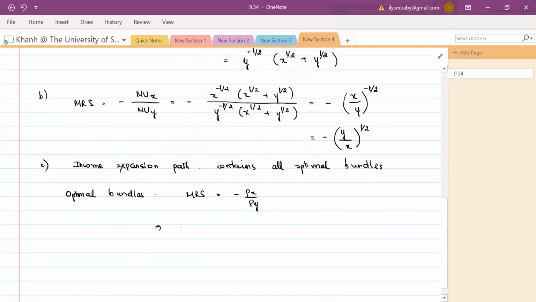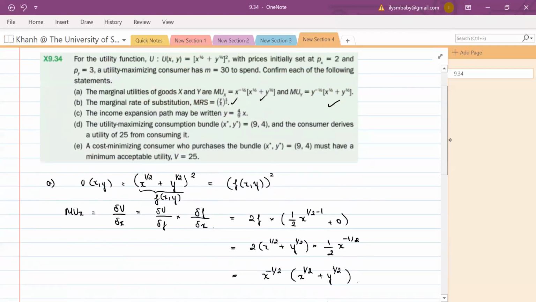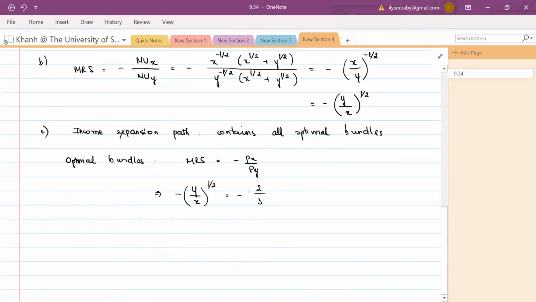So having found the marginal rate of substitution equal to negative y on x, everything to the power half, and the price ratio, where Px is given by 2 and Py is given by 3, we got negative 2 on 3. So therefore, y on x to the power half is equal to 2 on 3.